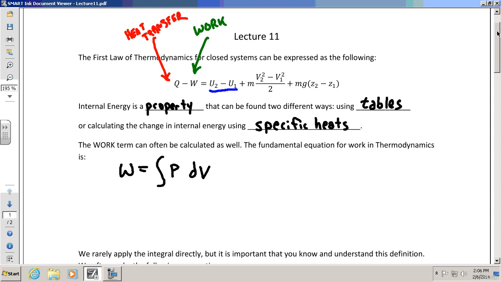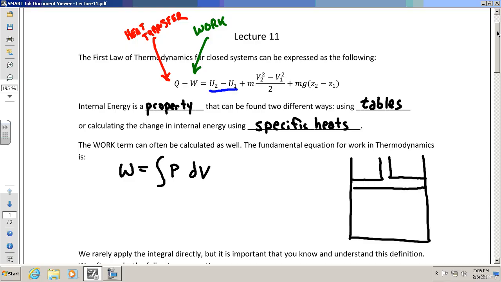Now, let me help you get a little understanding of this. I want to envision a piston cylinder again. So here's the piston inside a cylinder. Let's imagine that it has pressure P inside, and that pressure P is pushing up on the piston.